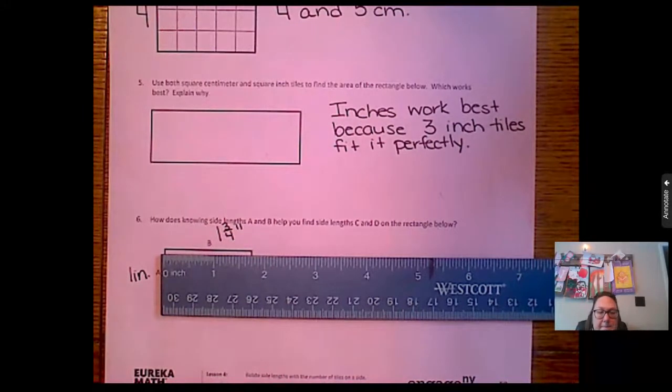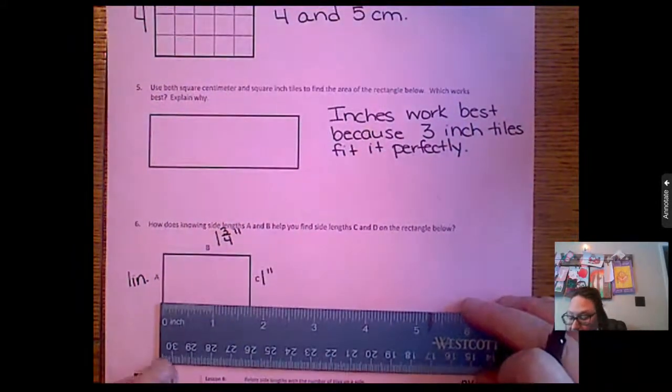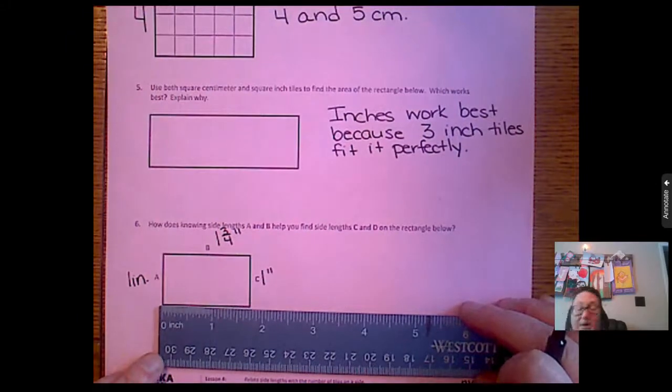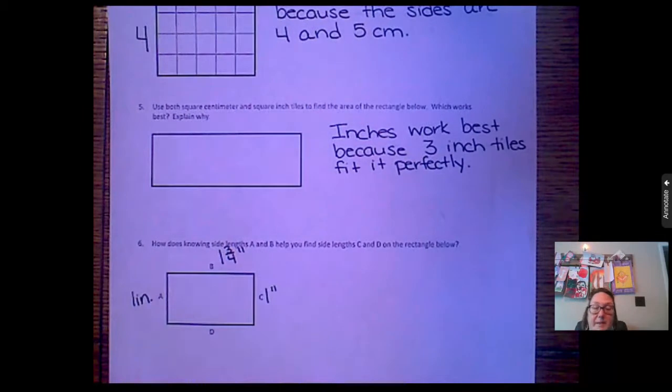And would I need to measure D or would I automatically know it? I would automatically know it, right? Because it would be the same as B. So how does knowing side lengths A and B help you find lengths of C and D? If I know one side and it's a rectangle, you would automatically know the opposite because with rectangles, opposite sides are equal. Opposite sides are the same.